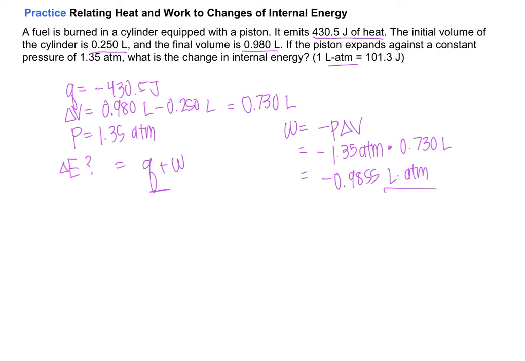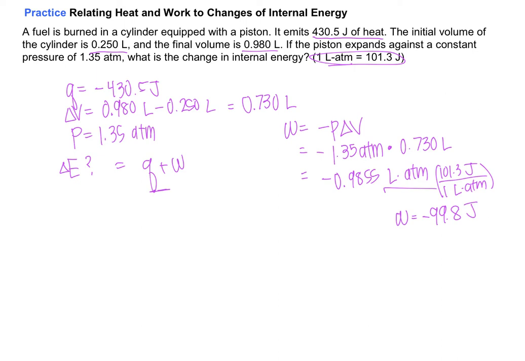So luckily for us, it gives us this nice little relationship. So I'm actually going to convert. I know that 1 liter atmosphere is equal to 101.3 joules. So I can take my number I got and multiply by 101.3, and I know that my work is negative 99.8 joules.